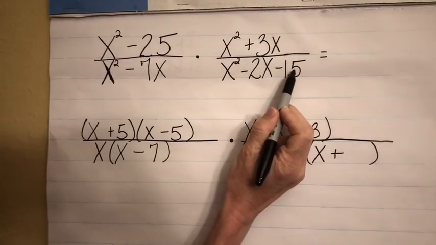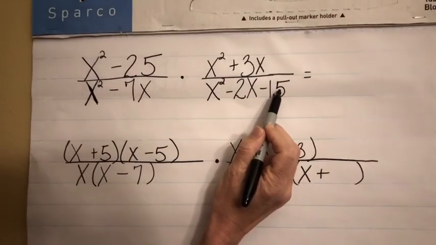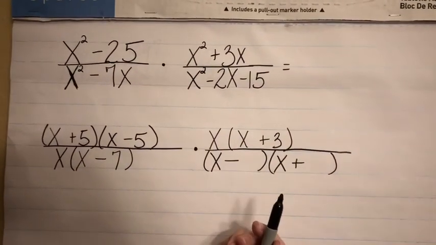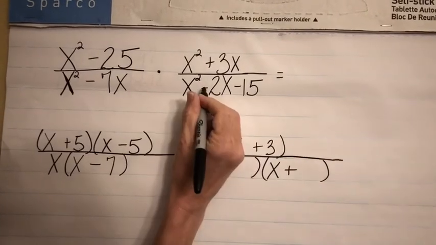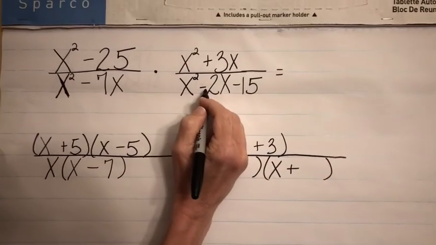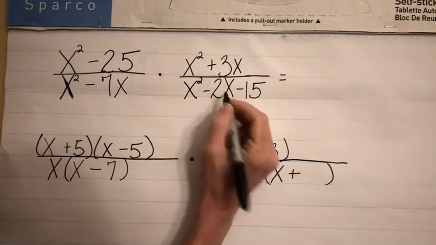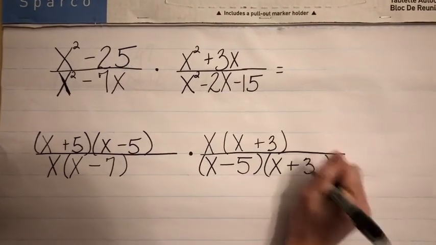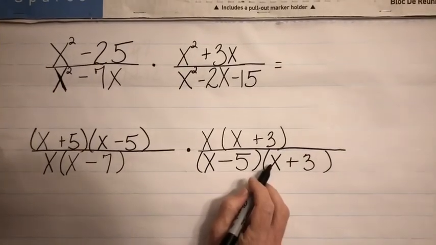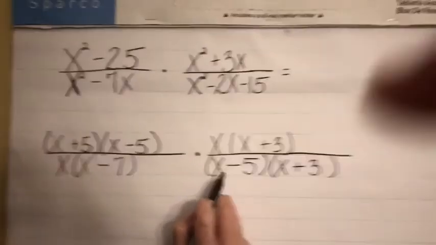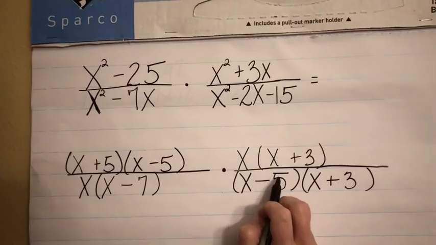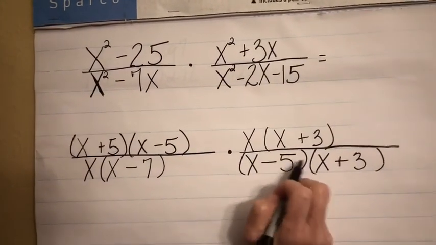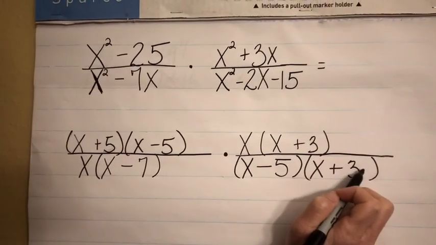Well, that's pretty easy. 3 times 5 is 15 and 3 minus 5 is -2. So we want the 5 to be negative so that we end up with a negative middle term. So x minus 5, x plus 3. And you can always FOIL that to make sure that you did it correctly. x squared minus 5x plus 3x. Combine those, you get a -2x minus 15.